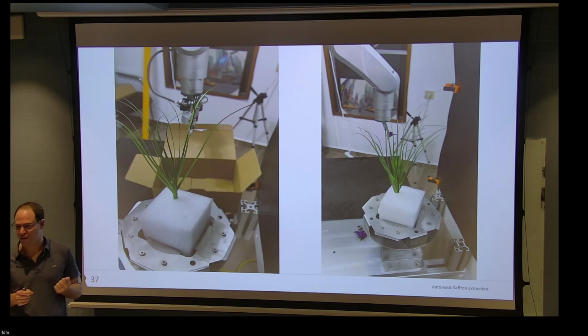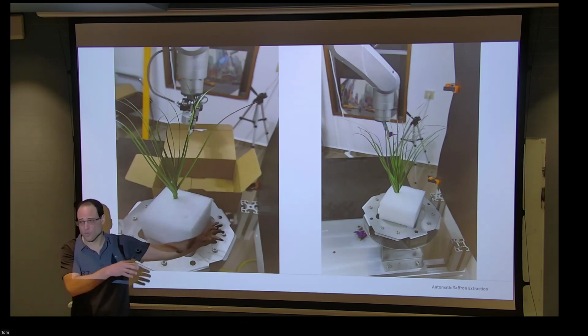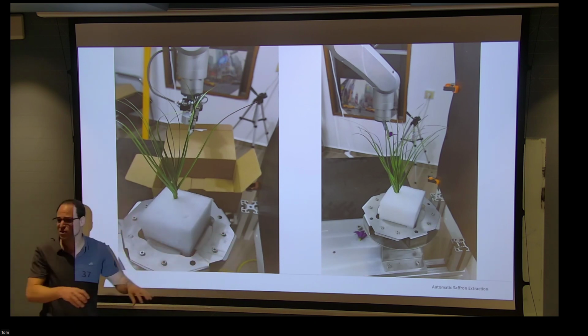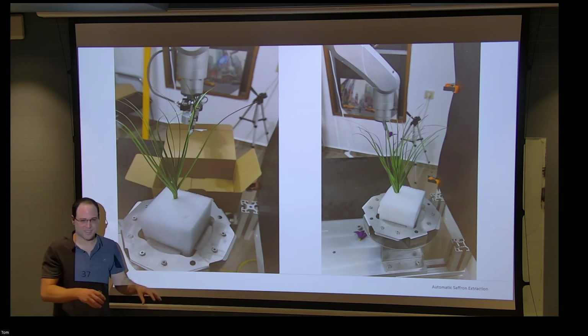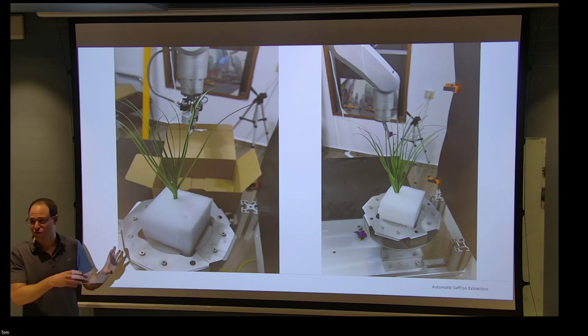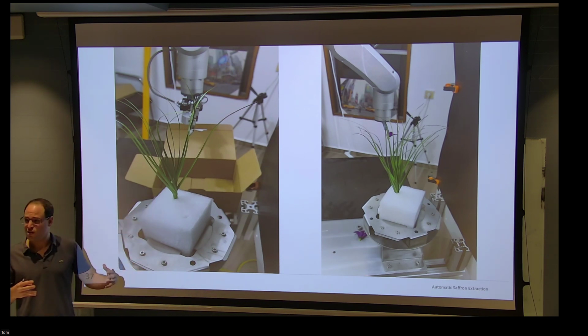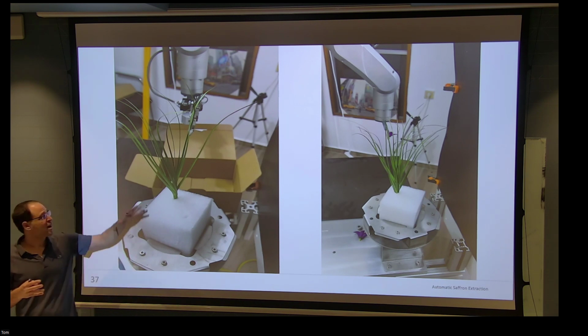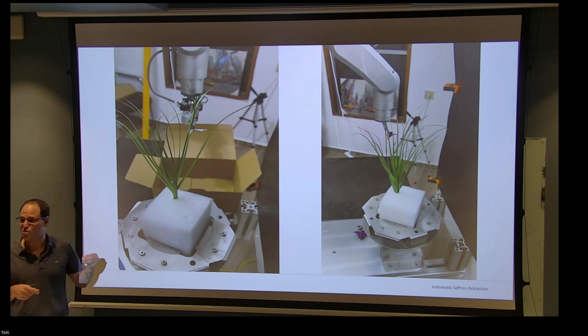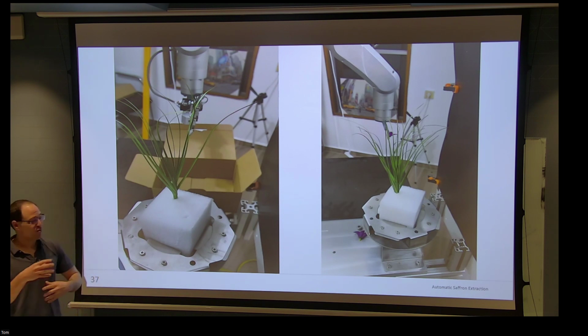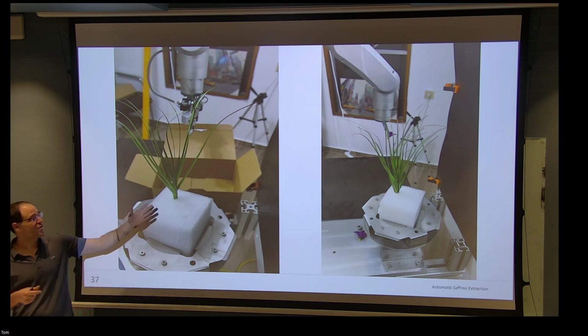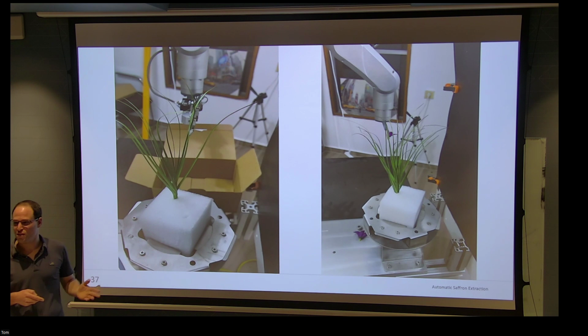We don't go with the robots and the camera to the field, to the mud there. We do it in this way, and then we have a controllable environment. The camera is fixed, the calibration is good. That's why we can assume a lot of good things that make our system so cheap and easy.